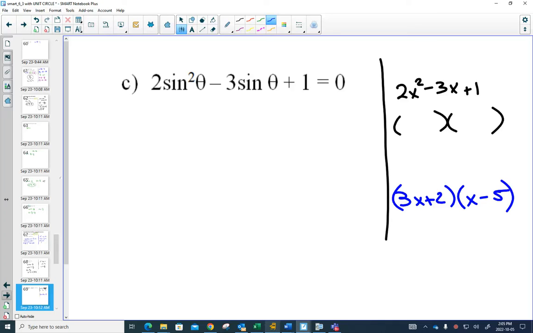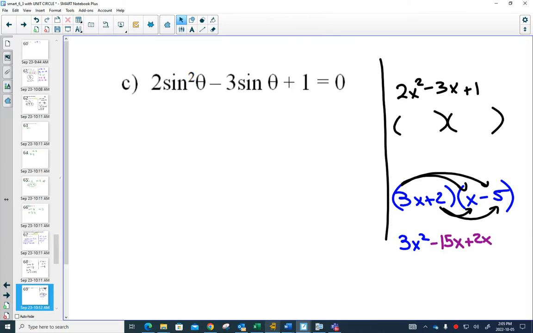Now, if you had this and you had to multiply it out, in grade 10, you learned that you had to distribute everything. This times this times this times this times this. And something interesting happened: 3x times x gave you 3x squared. And then 3x times minus 5 gave you minus 15x. And then 2 times x is plus 2x.